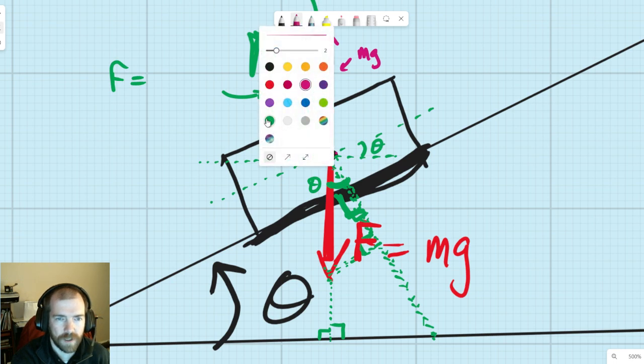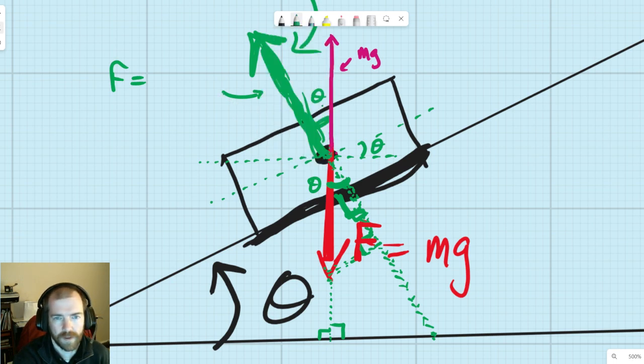And so the size then of this vector here is going to deal with the cosine of this angle because it has to do with the adjacent side here and the hypotenuse here.